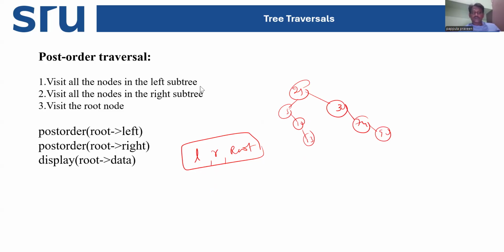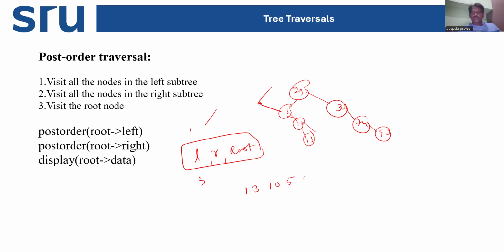Now visit all the nodes of the left subtree. What is the left subtree? 5 is the subtree. Is there any right subtree? Yes, 10. Is there any right subtree? 13. Is there any right subtree? No. So 13, 10, 5. 25 is printed last because we display the root data last.